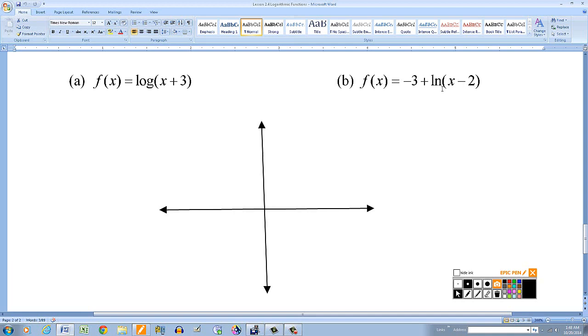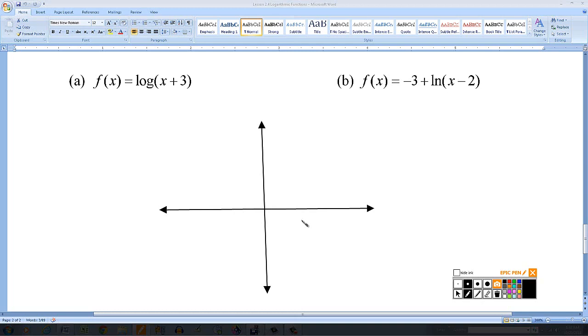So the base is larger than 1, so it's going to have the same shape as the one I just did, but in a different position. Ordinarily the graph would pass through the point 1, 0, and the vertical asymptote would be the y-axis, and the graph would go like that.